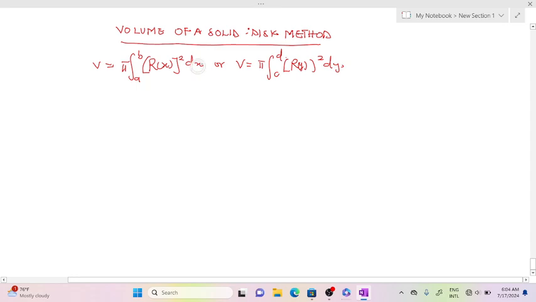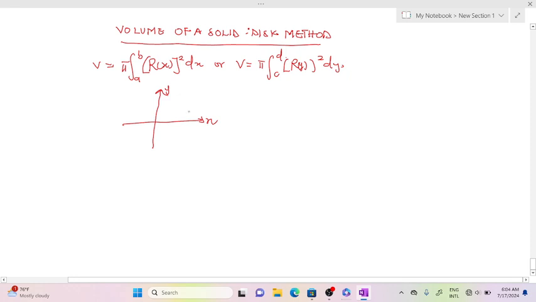When you say volume, you know that volume is just the space occupied by a three-dimensional figure, right? So if I draw my x and y axis, a volume of a solid figure will be created provided there is revolution.